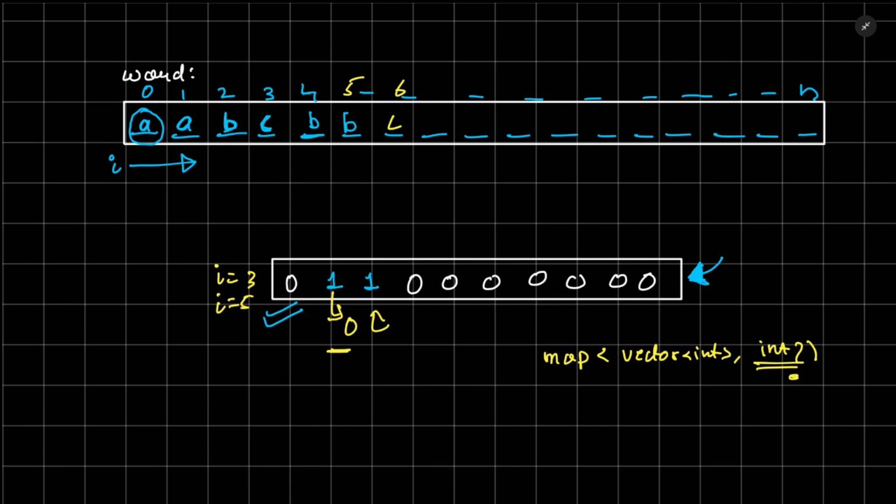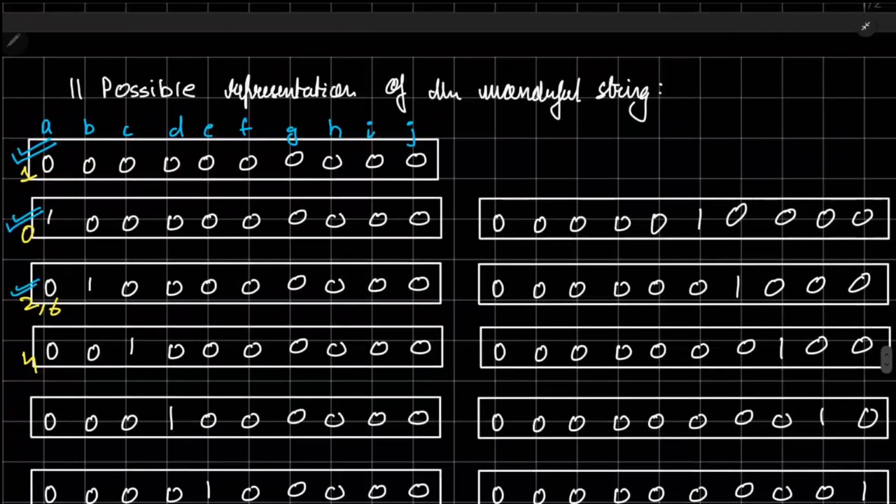Now first let's see how we can represent them more efficiently. Instead of using this vector, this can be represented as a single number. Now you may ask how. This is actually pretty easy, because if you look closely at this vector or any other representation, it's only ones and zeros, and this can be uniquely represented by a number. For example, if all of these are 0, that will be 0. Look at it in terms of binary representation.